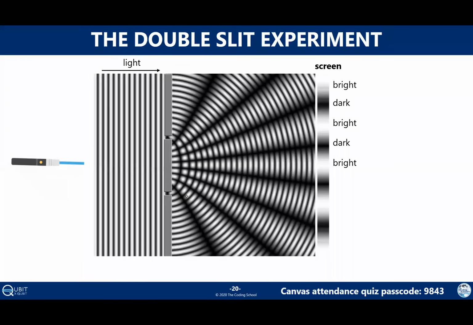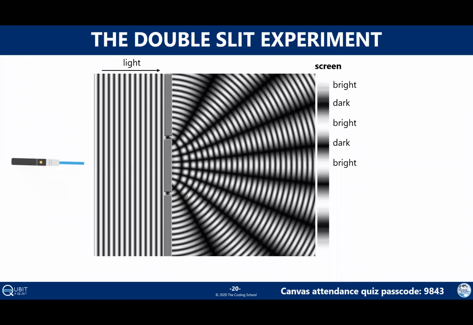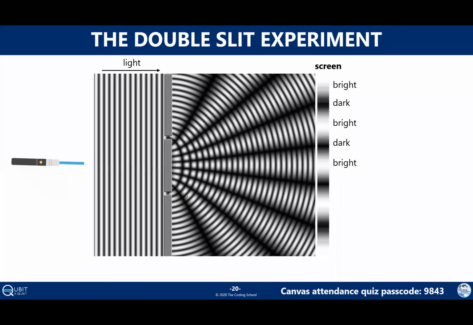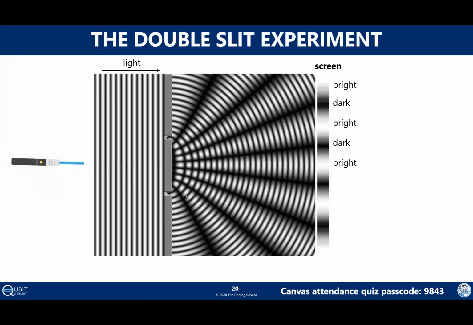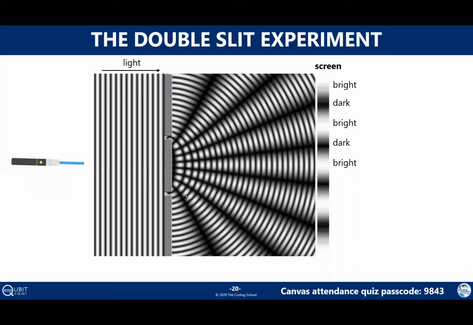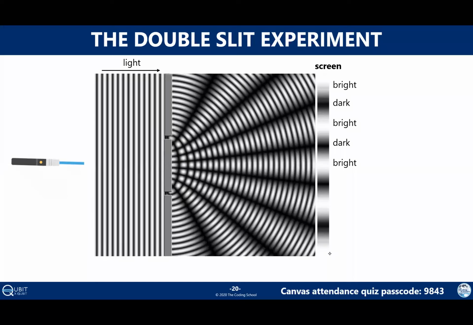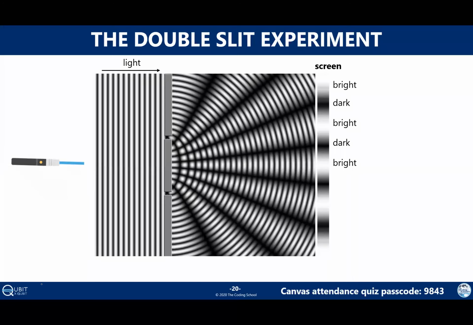So this is what you would get if you tracked where all of the crests interact with each other and constructively interfere, and where all of the troughs destructively interfere and cancel out. And so this also shows you how you get these bright and dark patterns. I think this is a very pretty animation to look at.